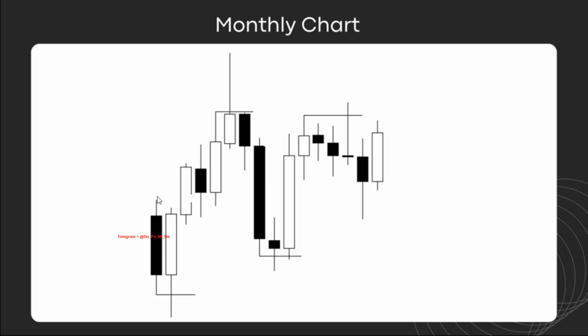We start looking at that high as our drawn liquidity and our bias. In this case, you can see the price eventually took this high and closed above. So for this particular monthly candle, for the whole month you would have had a bullish directional bias because the drawn liquidity is the high, and for this month you would be looking for longs, particularly on a short-term and day trading basis.